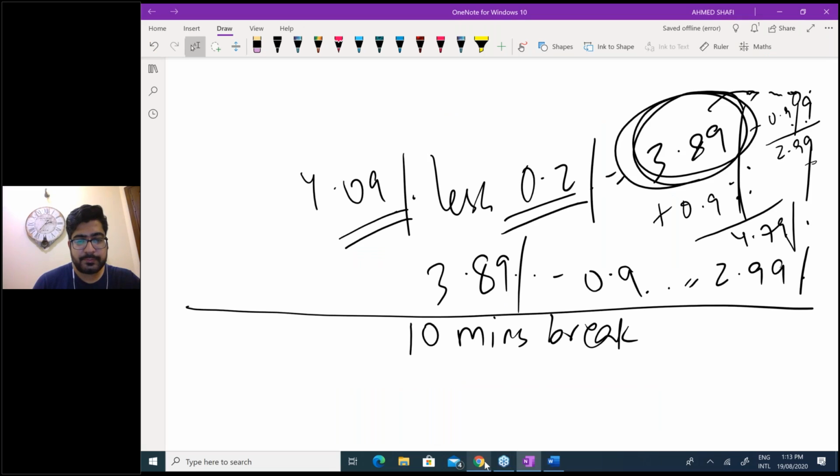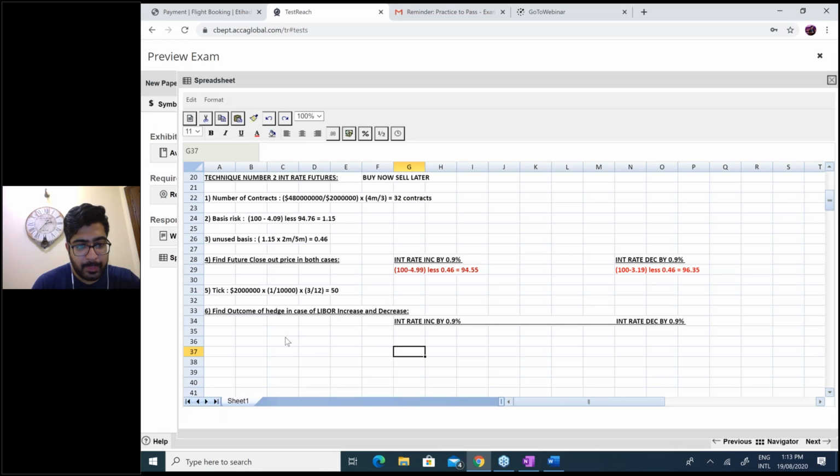It's a deposit case, so it will be actual return on deposit, and here also actual return on deposit.